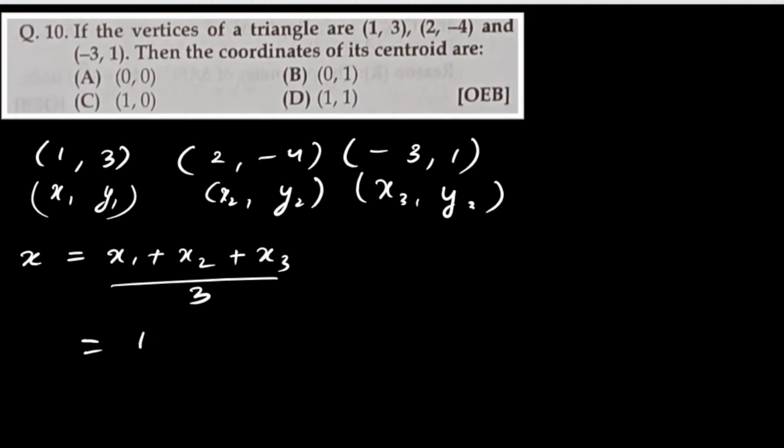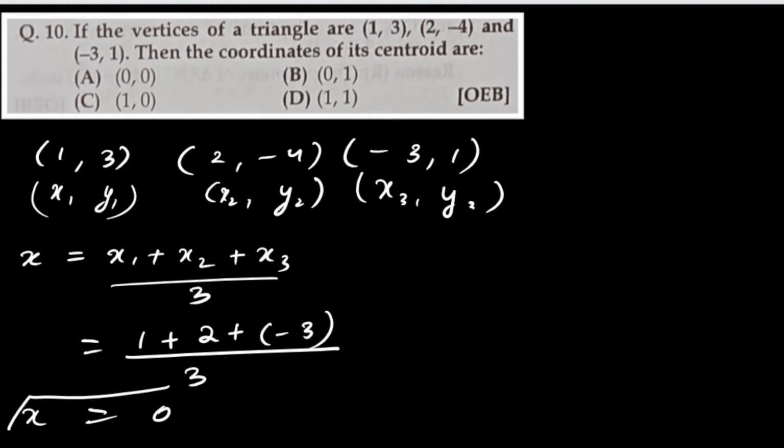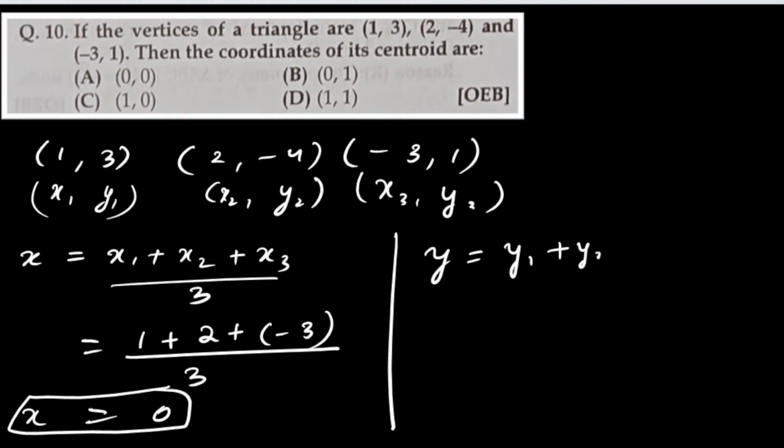The x1 value is 1, so 1 plus 2 minus 3 by 3. 1 plus 2 is 3, 3 minus 3 will become 0. So x is equals to 0, and by formula we'll use y is equals to (y1 plus y2 plus y3) by 3.